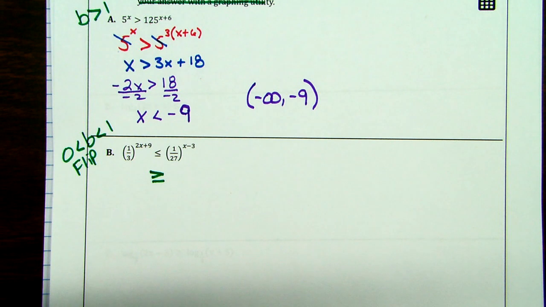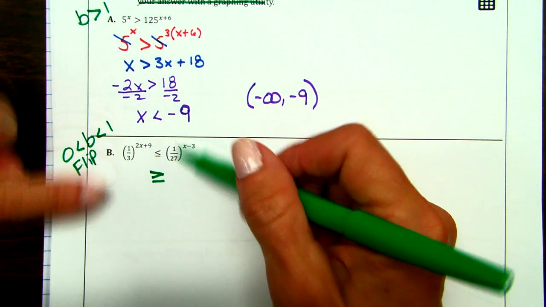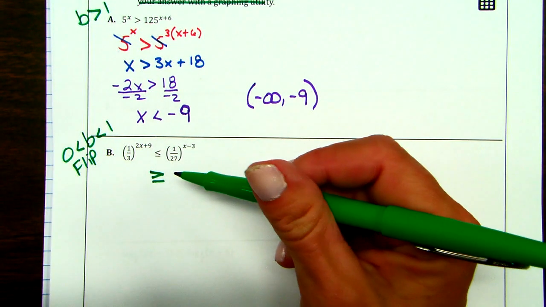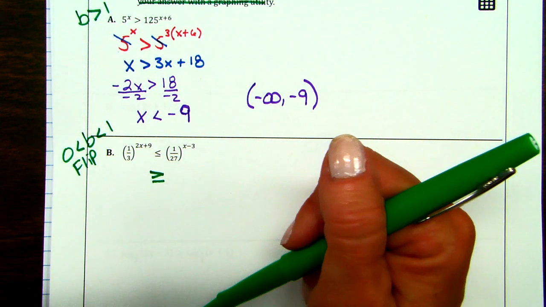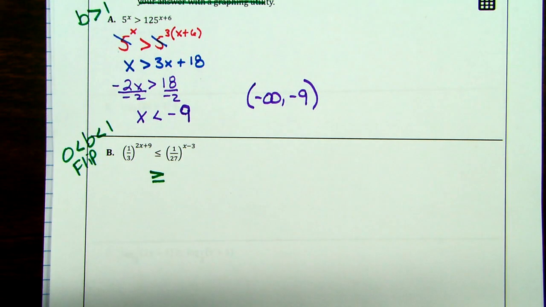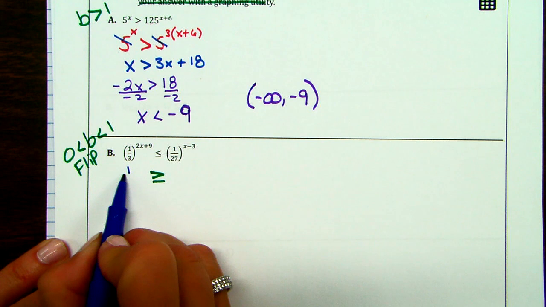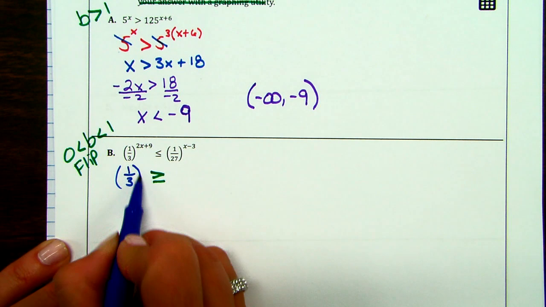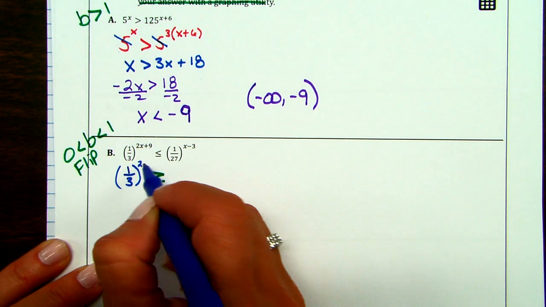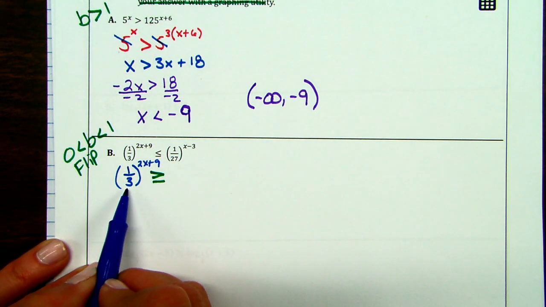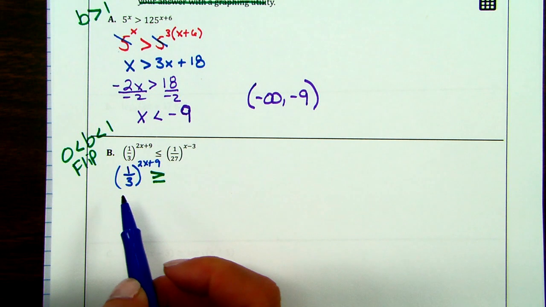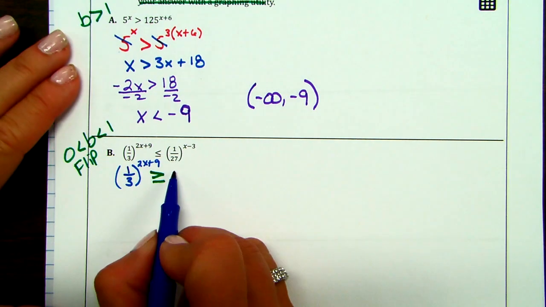Now, we are going to try and get like bases. Traditionally, students over my almost 30 years of teaching have struggled with fractions, even at this level. We can change that 1/27th to have a denominator of 3, because 3 to the third power is 27.